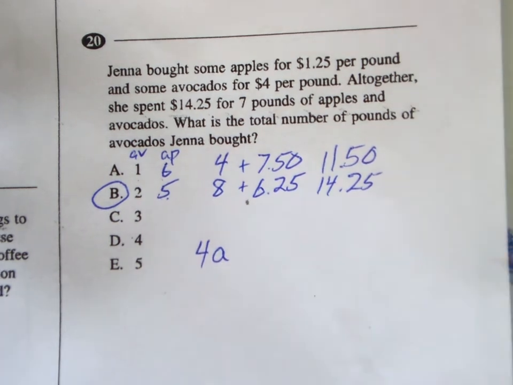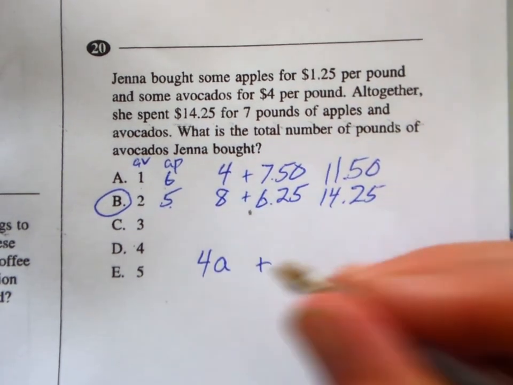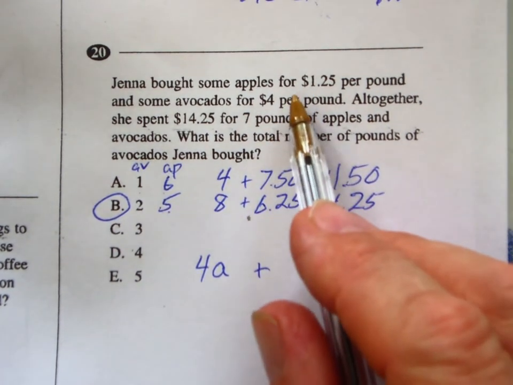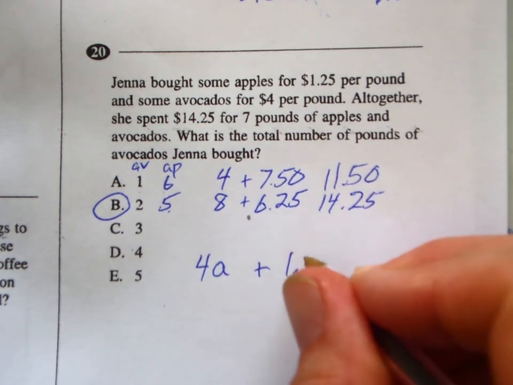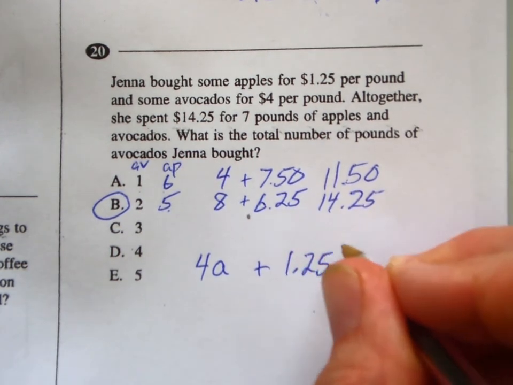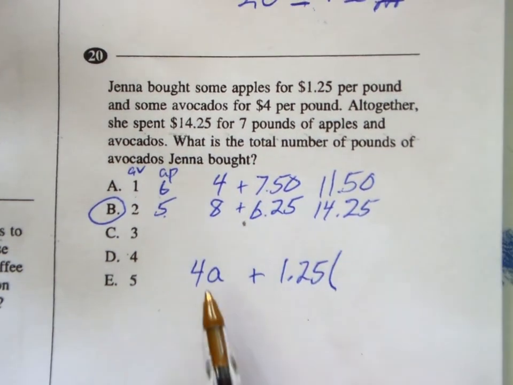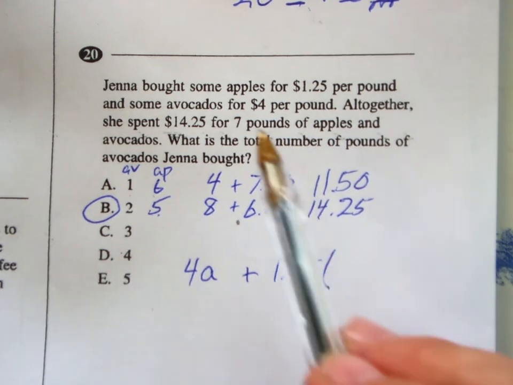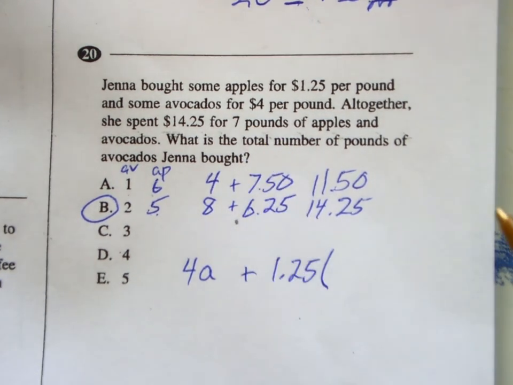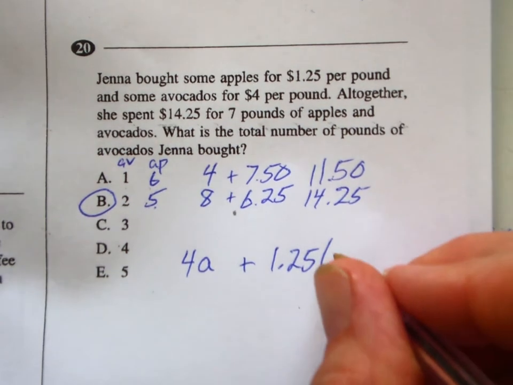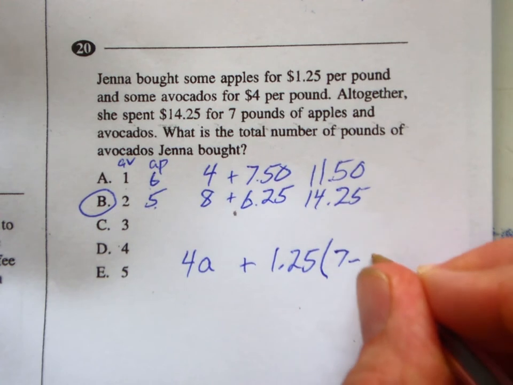If it's two avocados, it's 8. Plus, how much does the other ones cost? $1.25 times what? Well, if avocados is A and there's 7 altogether, then how many must be apples? Apples must be 7 minus A.